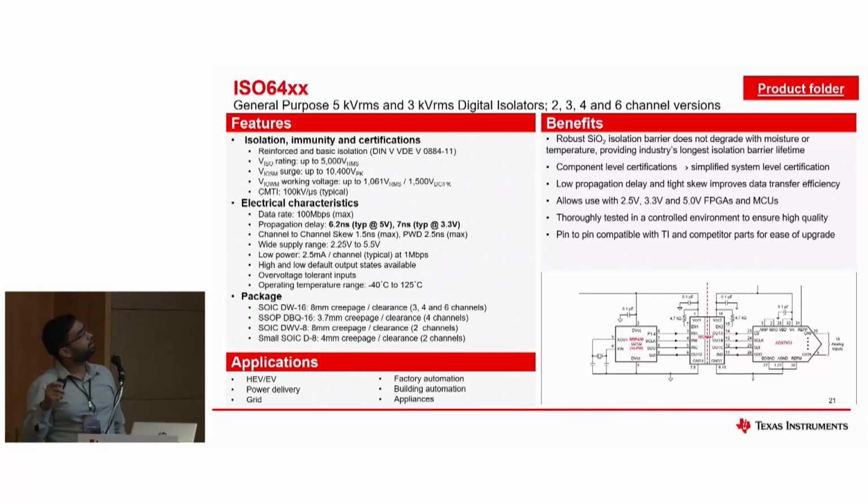Now, a little bit more detail on the 64XX, because I wanted to highlight the improvements and the typical application diagram here. So 6441 basically means we have 4 channels, out of which 3 are forward, 1 is reverse. The typical CMTI is 100 kV per microsecond.